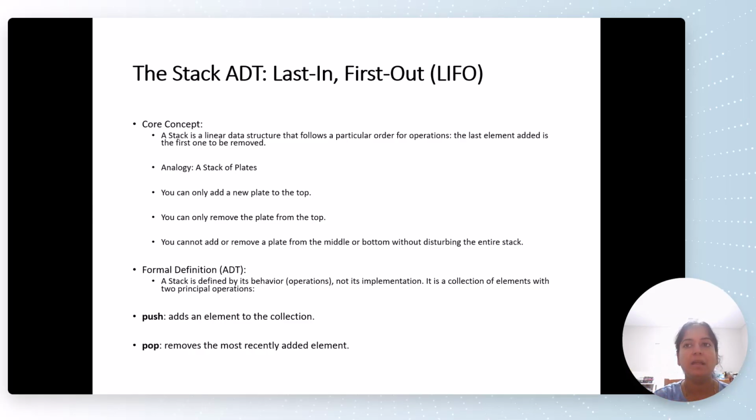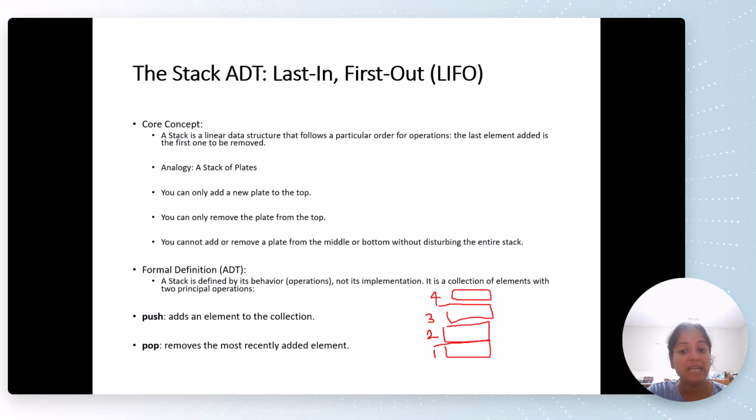For example, if you stack a number of books one on top of the other, you first insert this book, then this, then this, and then this book, number 4.